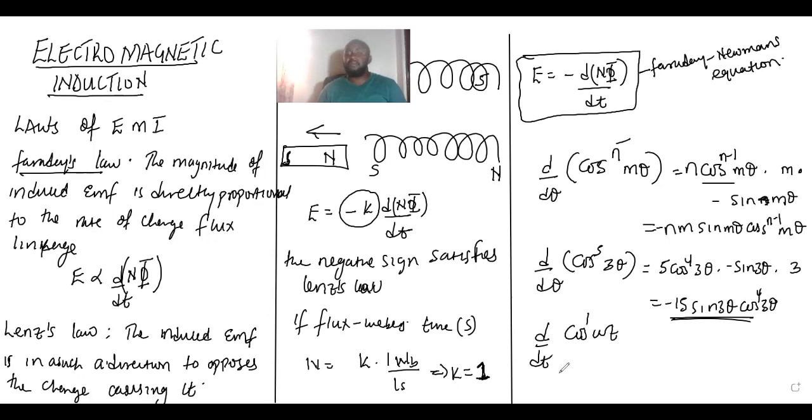The power is 1. You'll have 1 cos to the power 0 of omega t times a negative sine of omega t, then differentiate the angle, you get omega. Because any number to the power 0 is 1, you get a negative omega sine omega t. So that's how the omega came in. Okay? Yes, teacher. Thank you.